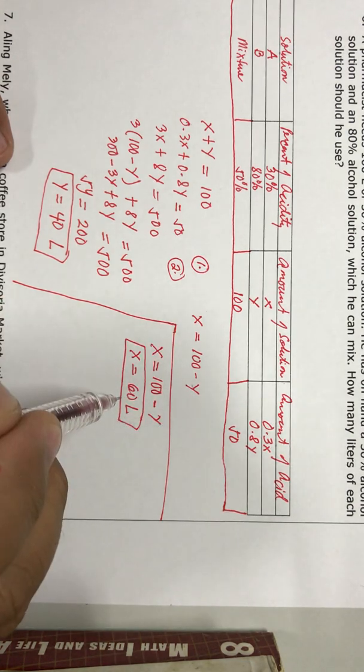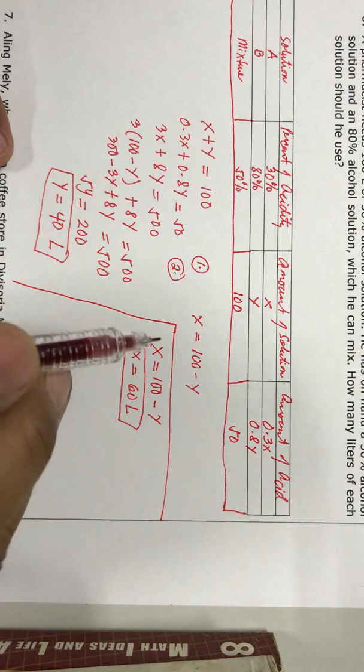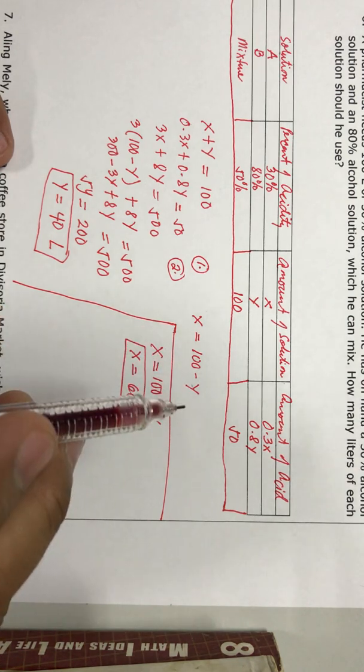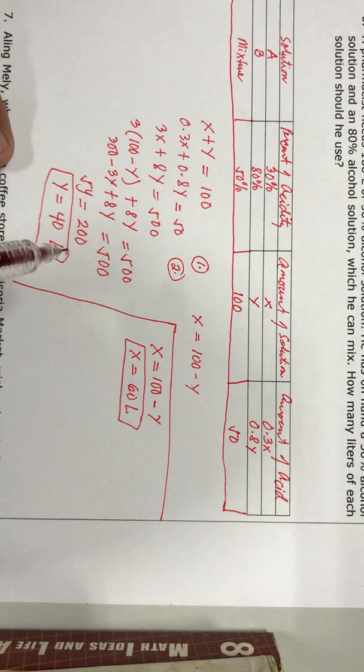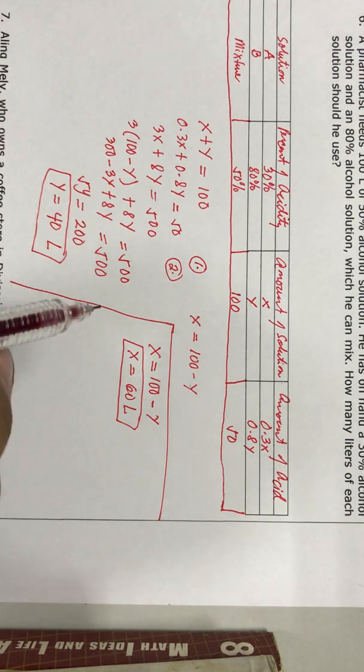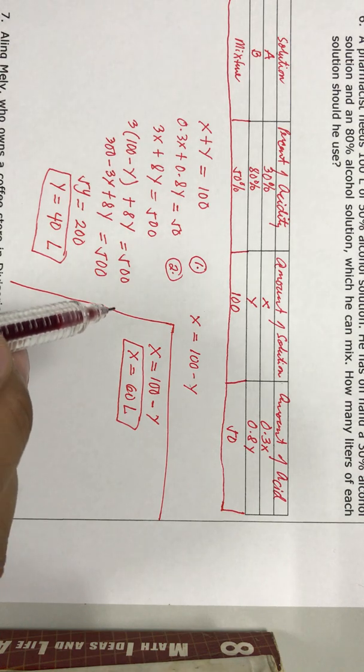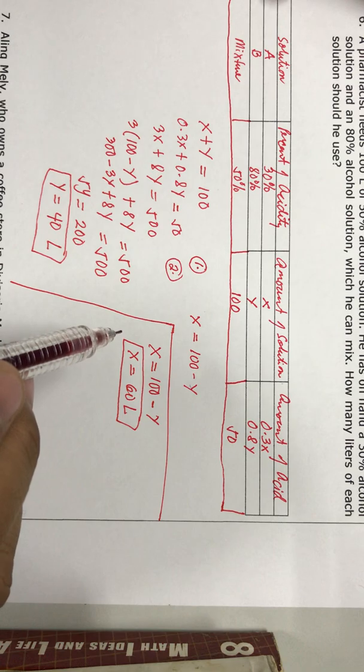Again, there should be 60 liters of 30% alcohol solution and 40 liters of 80% alcohol solution to be mixed in order to come up with 100 liters of 50% alcohol solution.